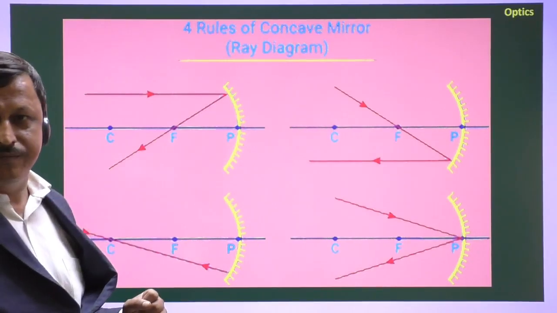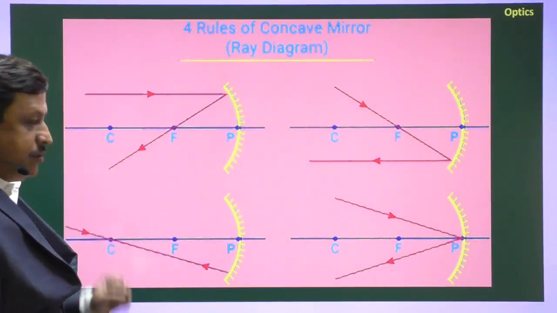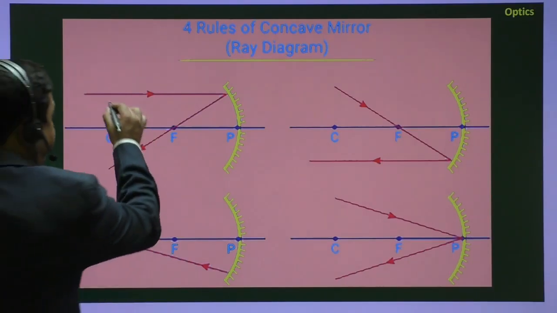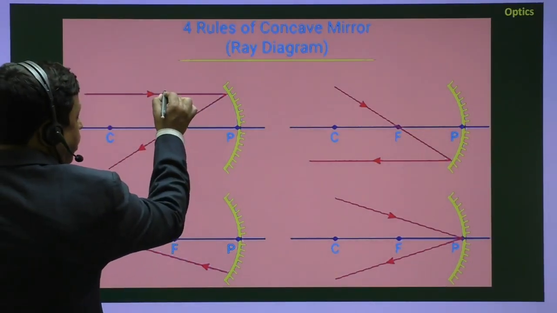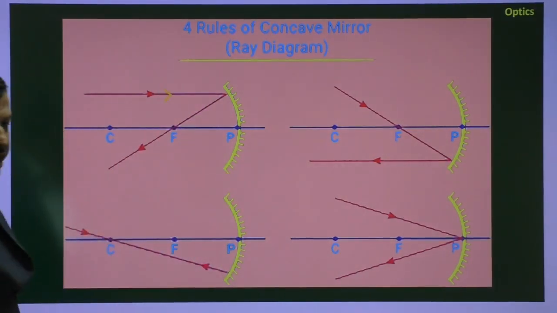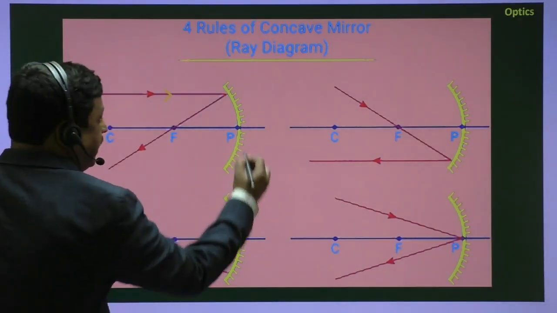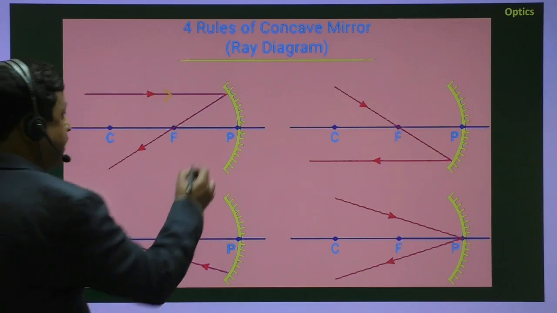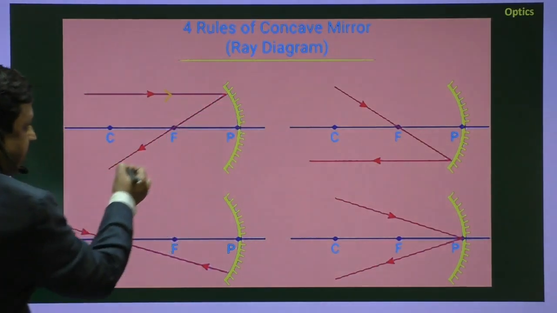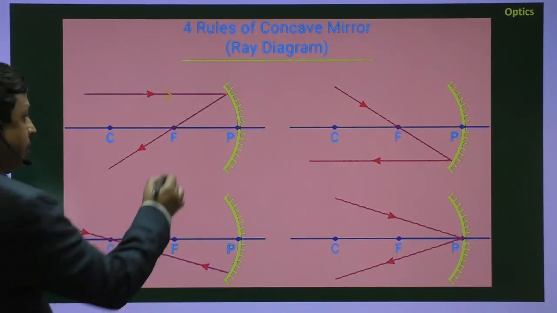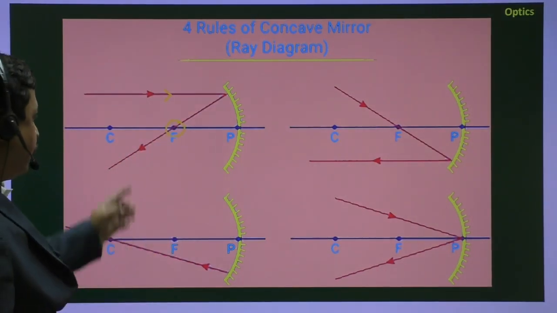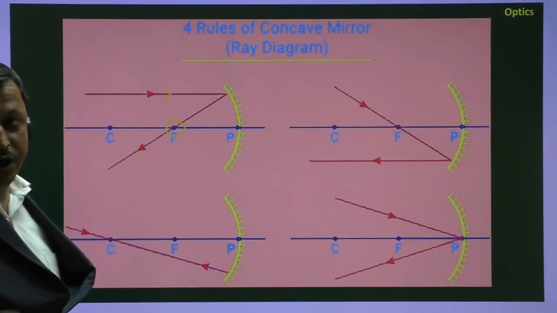Number 1, mind it: if a ray is incident on the mirror parallel to the principal axis, then after reflection it will move through the focus point. Very important point.